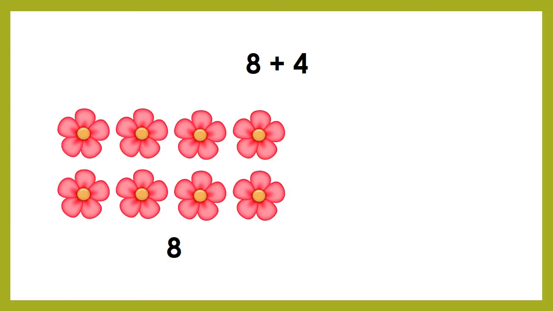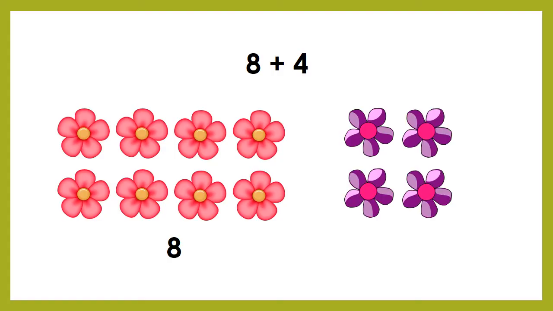Now, let's say we buy 4 more flowers. Let's count together. 1, 2, 3, 4. 4 flowers. So, how many flowers are there now? We need to add 8 plus 4.